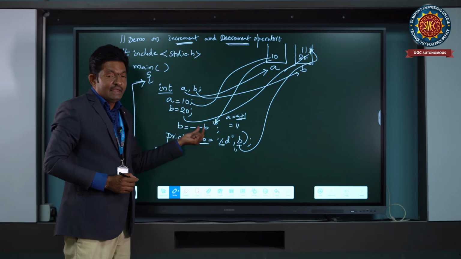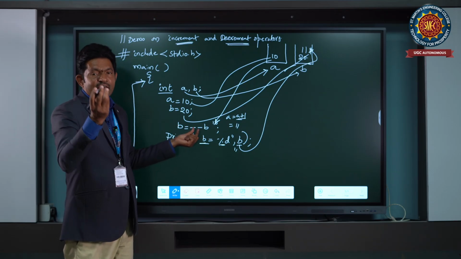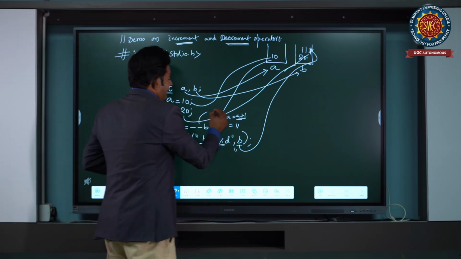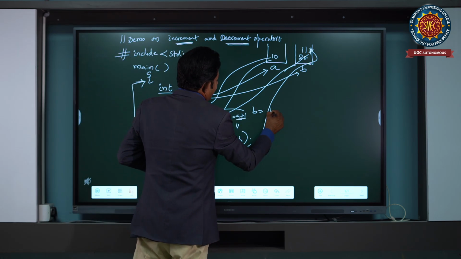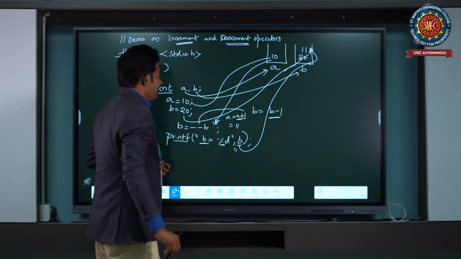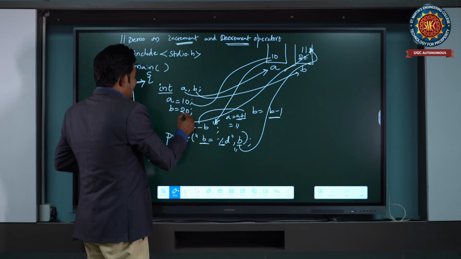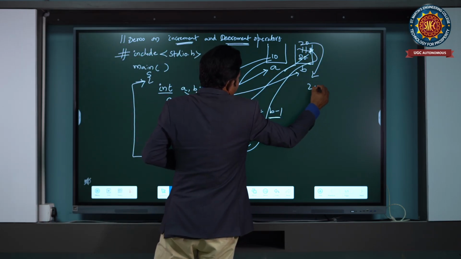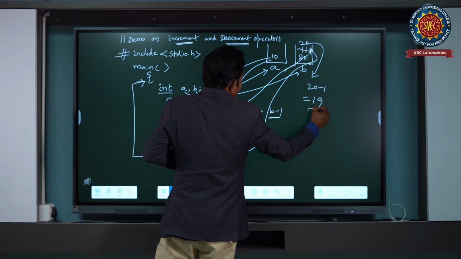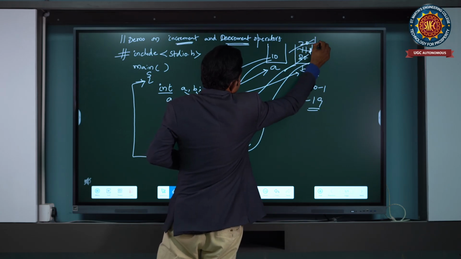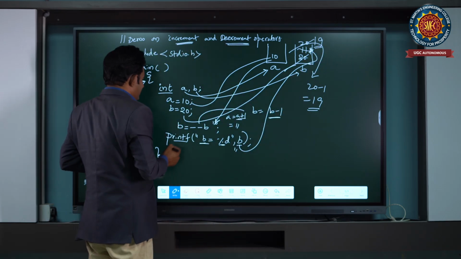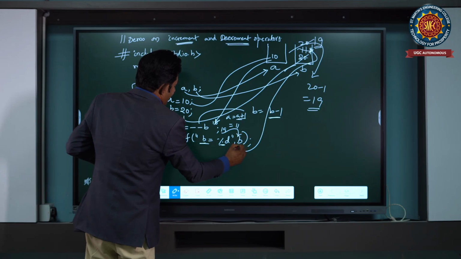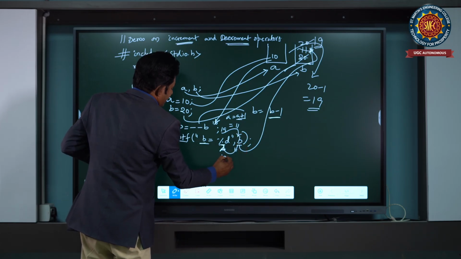Minus minus b means decreasing the b value by 1, that is, b is equal to b minus 1. Now the initial value of b here is 20, so 20 changes to 20 minus 1, that is equal to 19. Now 20 is erased and 19 is stored here. So the b value is now 19. This 19 is assigned to b, and in the percent d place 19 is printed.